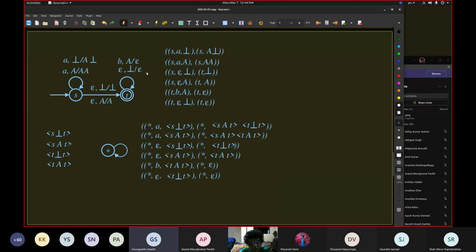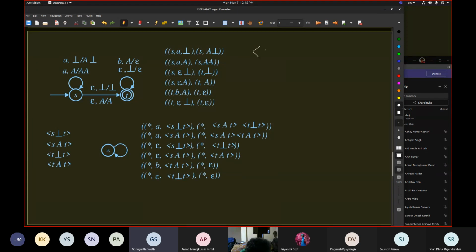And if I apply the construction, let's say on this, there are two stack symbols, A and this. So it is S to S. Q0 is S. So it will guess something like what it is after getting rid of this A and after getting rid of this bottom marker.